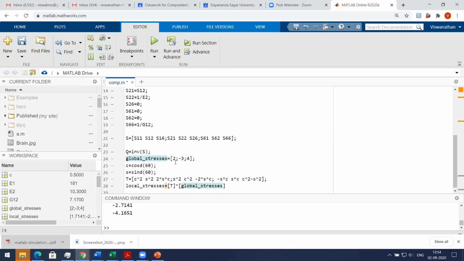Local stress is divided by T, sir. Yeah, you take the inverse transformation. Because it's in matrix form, you call it the inverse transformation matrix. Fine.